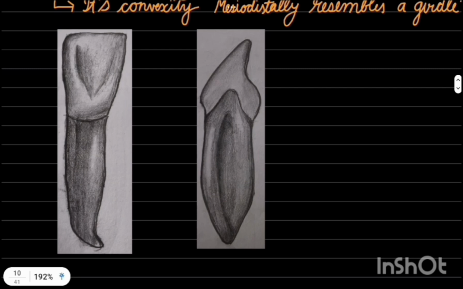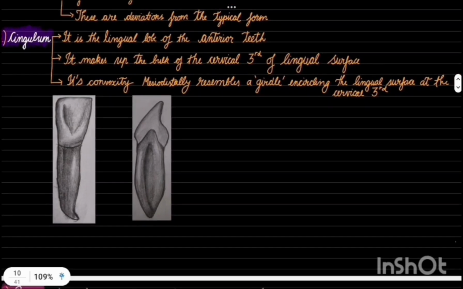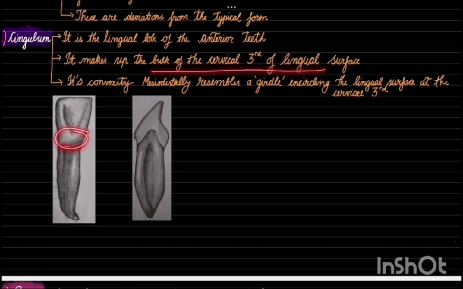From this aspect, as you can see, this convexity over here is the cingulum of the tooth. So it is the lingual lobe of the anterior teeth. It makes up the bulk of the cervical third, and its convexity resembles a girdle. So this is a girdle.